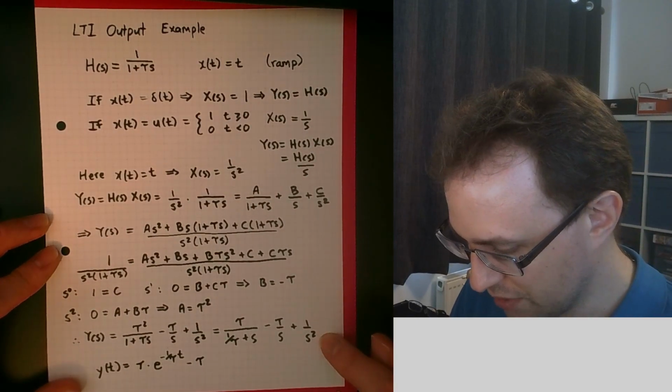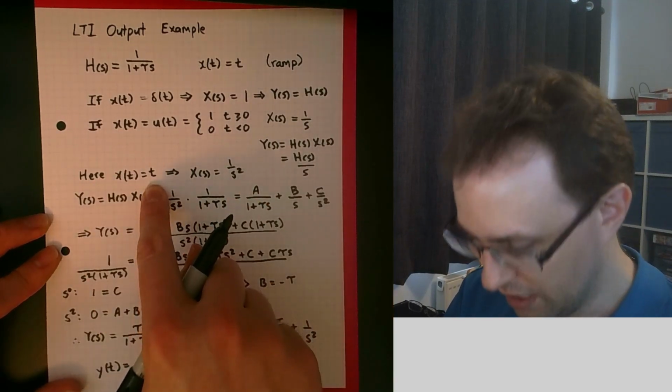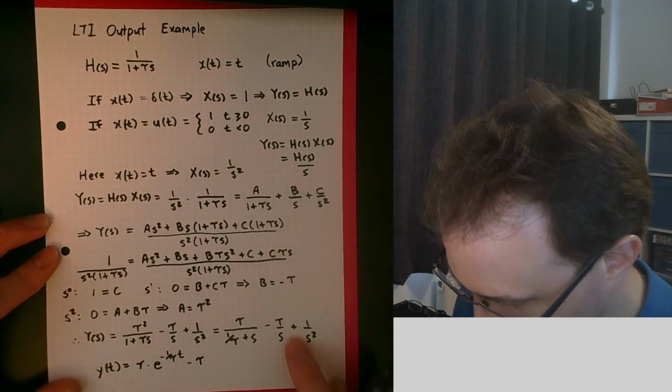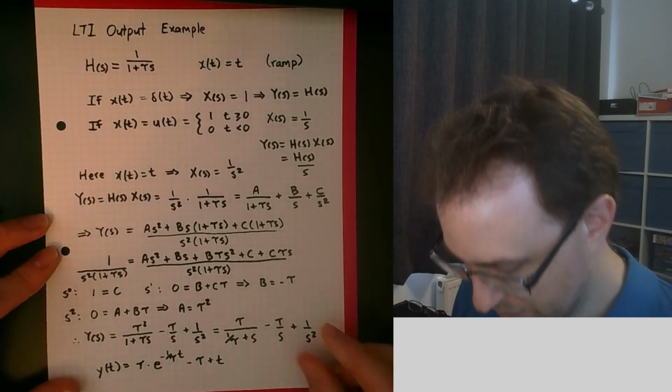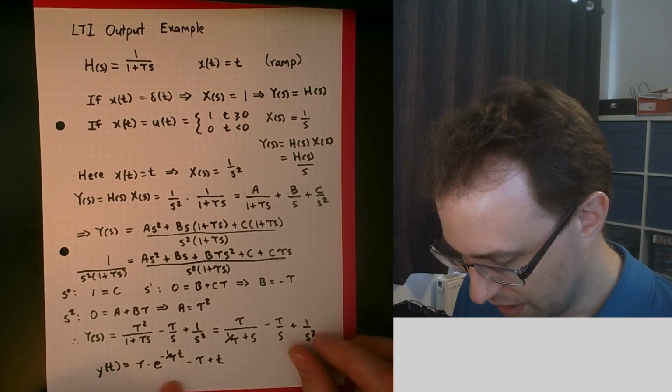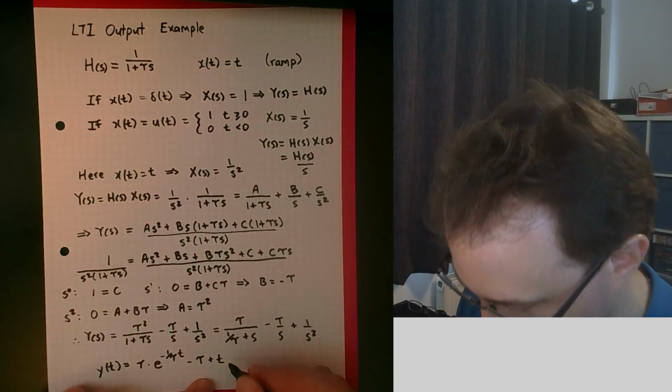And now this 1 over s squared, we already know that that's equal to the ramp function here. So we can say then that this plus 1 over s squared is going to be plus t. So we'll tidy this up a little bit. We can combine together our two terms that have a tau.